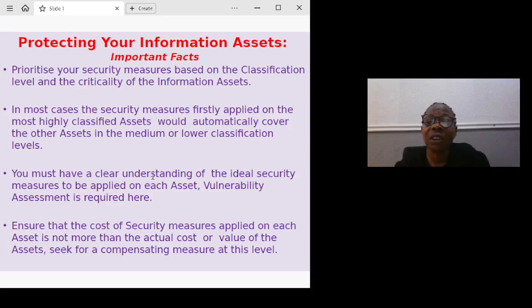In most cases, the security measures are first applied on the most highly classified assets. You first apply them on your most classified assets before others.